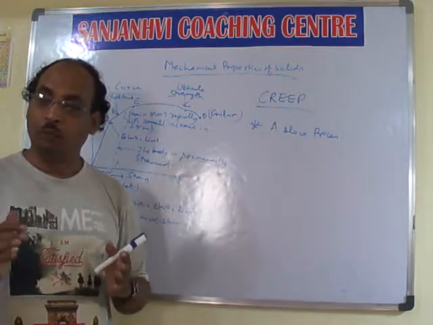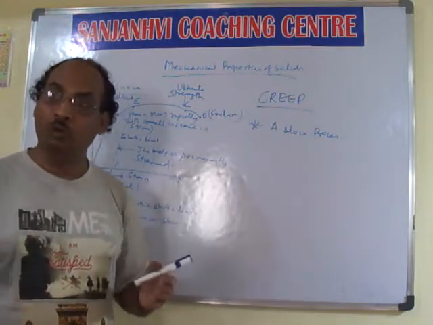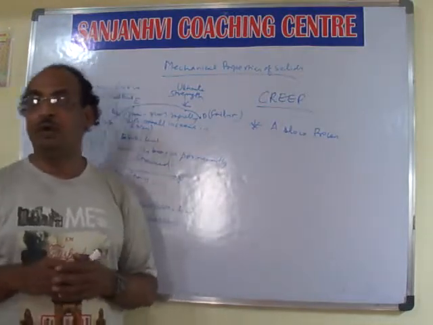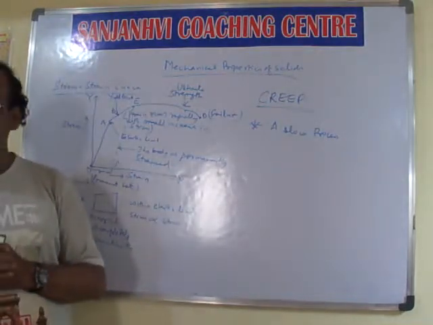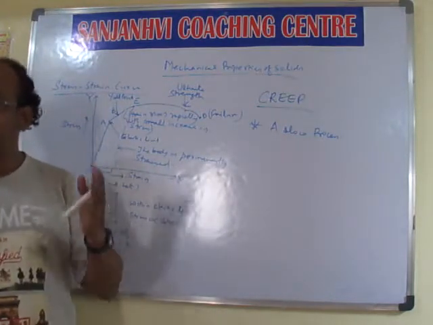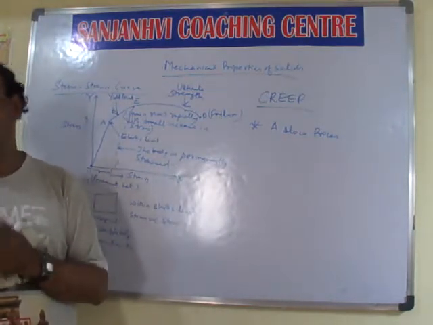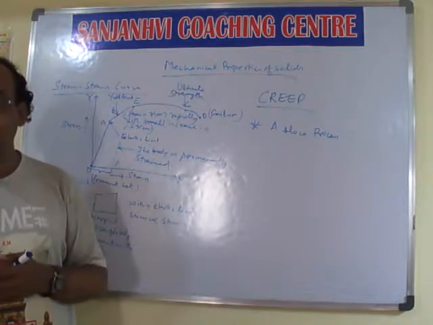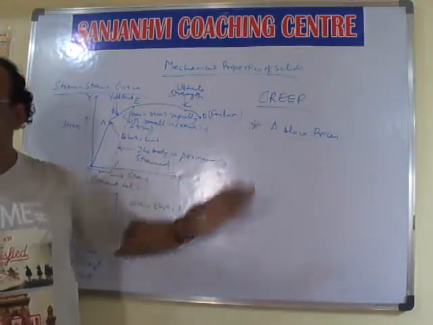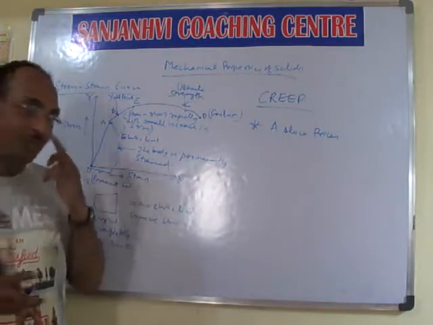Correct or not? A body is subjected to sometimes high load, sometimes low load. A two-wheeler is designed for 2 persons only, but sometimes a full family is going, 2 children and husband and wife, everybody, and the vehicle is loaded. Some type of creep will be there. Permanent deformation will be occurring. Correct or not?